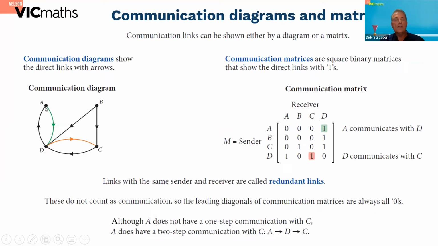So in the diagram, you can see A can communicate with D with a green arrow, and D then can communicate with C. So that's how A could communicate with C via another person. And similarly here, A could communicate with D, and D could communicate with C, so you could get a message to C that way. So that's called a two-step communication, which after all is a communication as well, because the message can get there in the end.